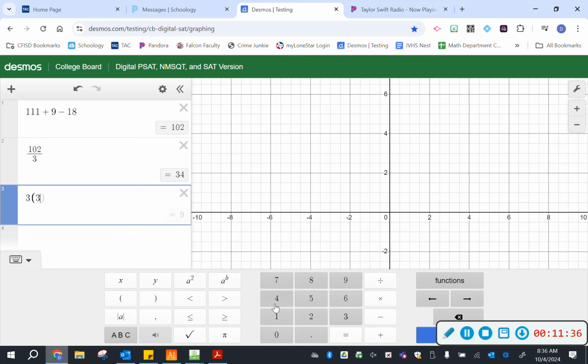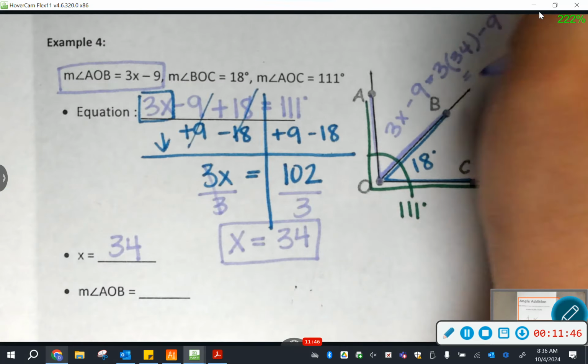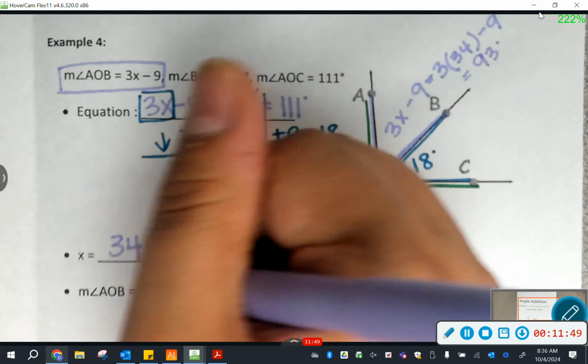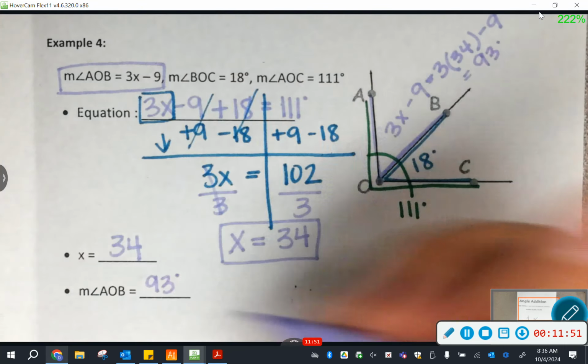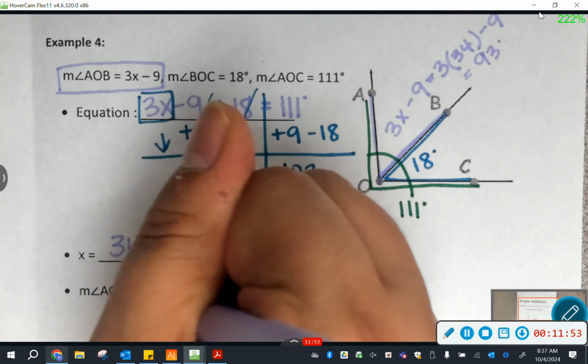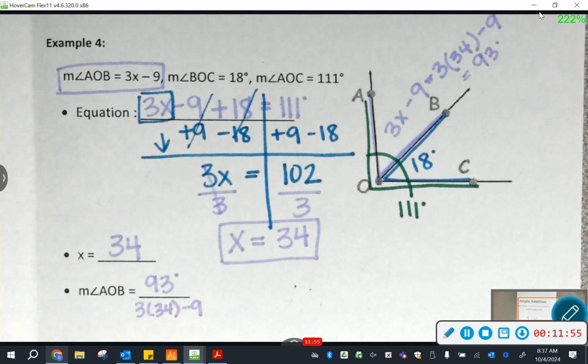It is 93, right? 93 degrees. And you can double check. Is 93 plus 18 111? If not, you did something wrong.